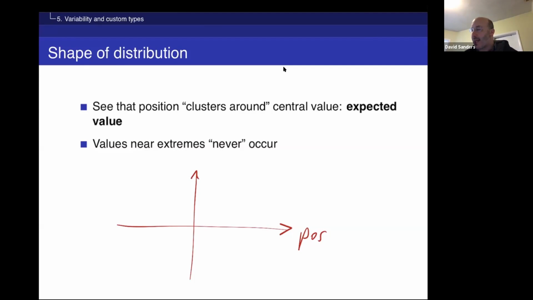On the x-axis I have position, and on the y-axis I have the probability of being in that position. If we call the position x, then we have the probability that the random walker position random variable x at time n is equal to the value x. And we saw that we have some distribution that looks something like this.